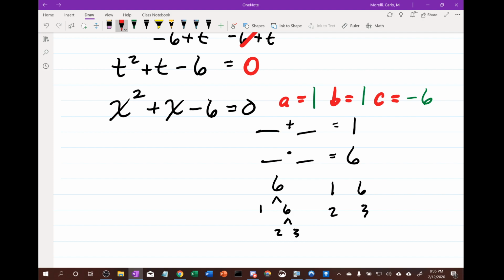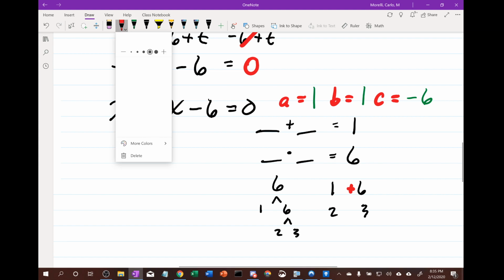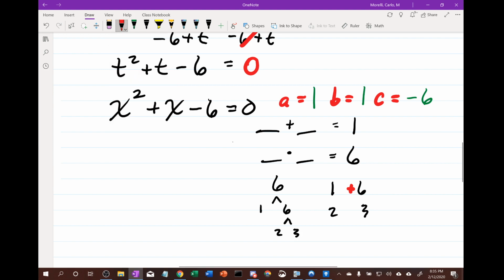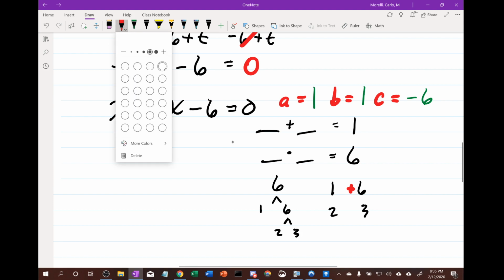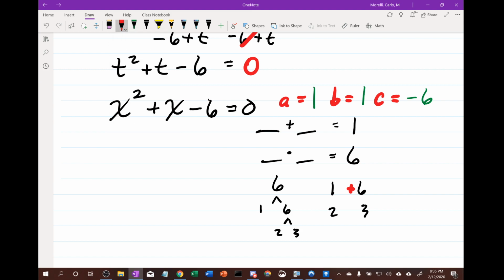We're going to give the big number a positive sign, and the small number a negative sign. So negative 1 plus 6, well, that's 5. Negative 2 plus 3, well, that's 1. So the first doesn't work because it doesn't add to equal 1, but this does work. So my factors are negative 2 and positive 3.